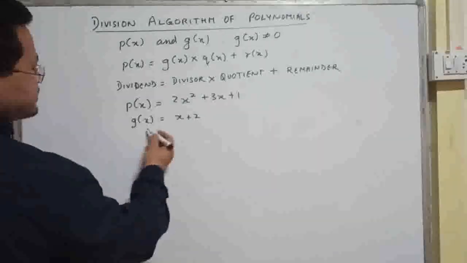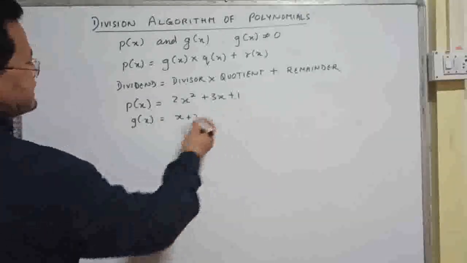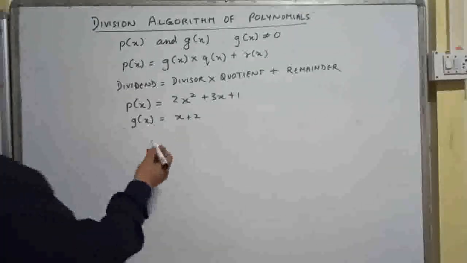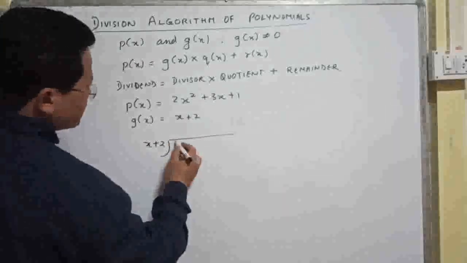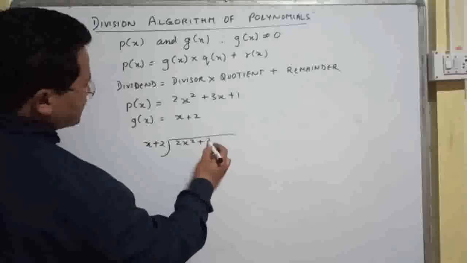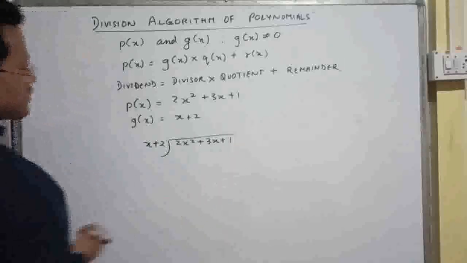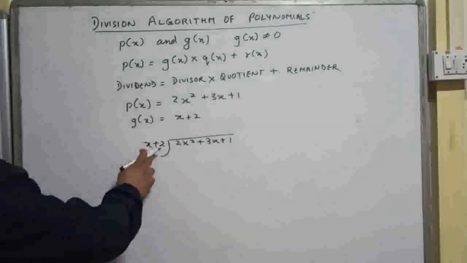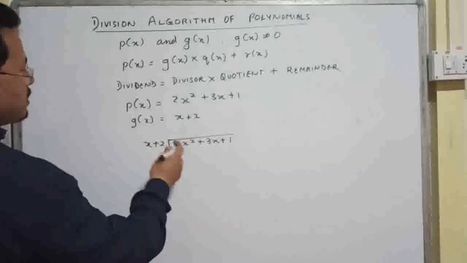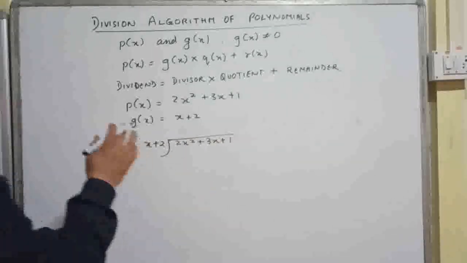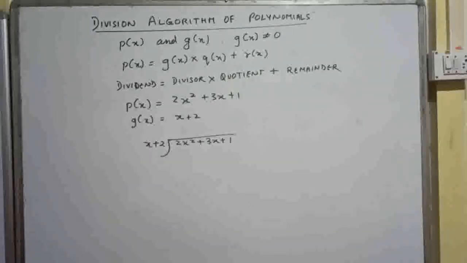So this is the divisor and this is the dividend. Usually we divide polynomials like this. The divisor has to be outside this symbol and the dividend has to be under the symbol.